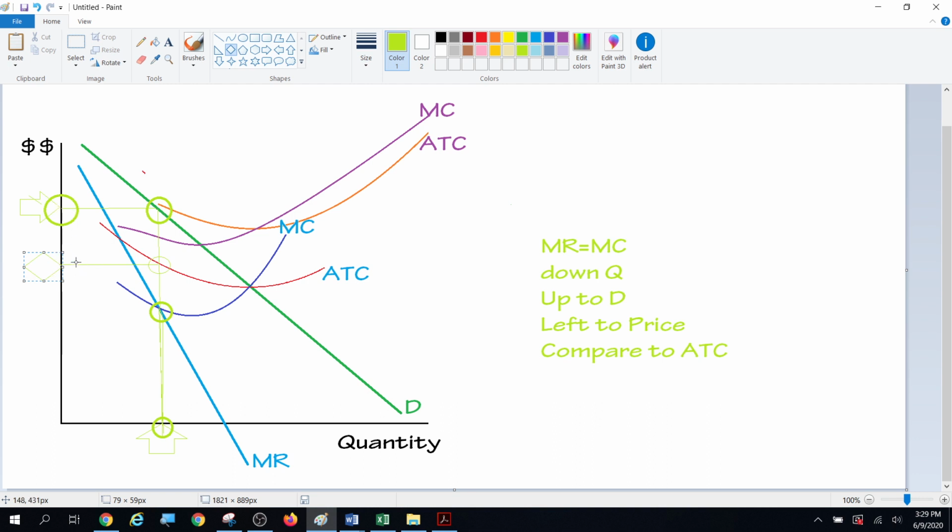And 70 cents on each one, or whatever the difference is between our average cost and our price, times the number of units we're making, let's say 800 million, would be our profit. So that nice little section right in there is our profit. Maybe I'll make it a nice dark green. That whole thing is our profit.